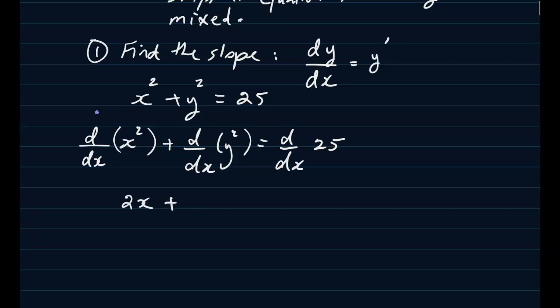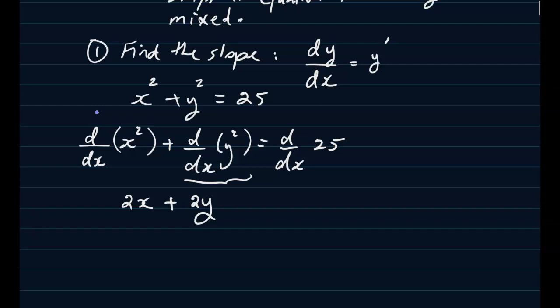plus. Now, here's the part where implicit differentiation comes into play. The derivative of y squared is 2y, but it's not just that, because y is a function of x.